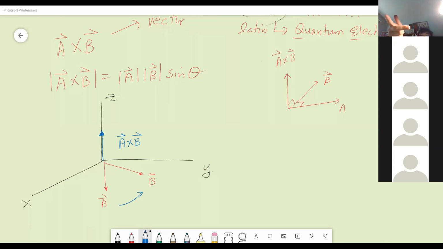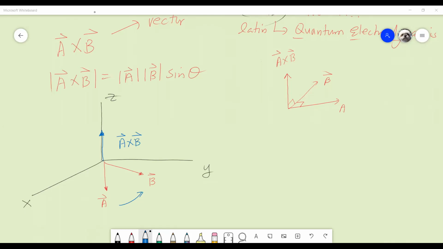You swap from your index finger to the middle finger, and then A cross B will be your direction. Oh, it's going to go up. Okay. Got it. So you never forget it if I show you that, right? Good? Good.